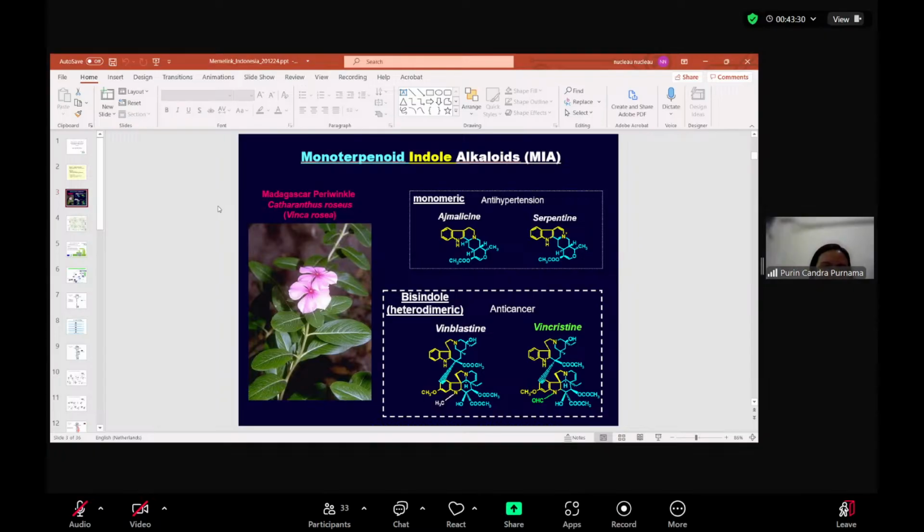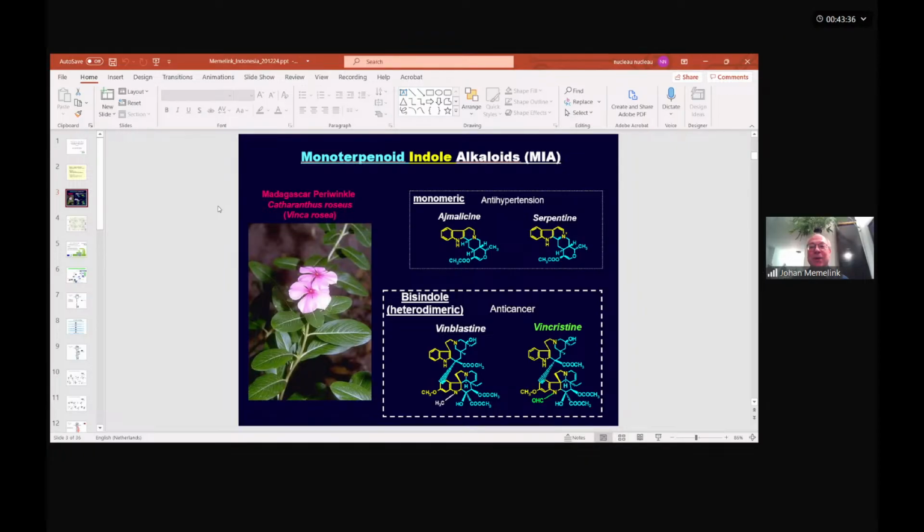Okay, so I was talking about this slide that you're now seeing. You see that the compounds have a yellow part, which is the indole part, and a blue part, which is the terpenoid part. To be more precise, it's a monoterpenoid part, as it is called.